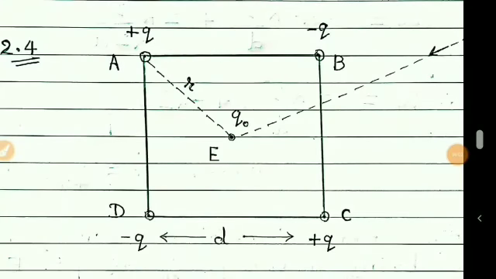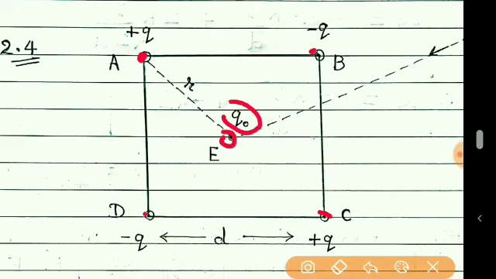So now first we will find the potential at point E due to the charges on the vertices. Remember, this charge q naught is not present yet. Simply we are going to find the potentials only. Now we know the formula for the potential.